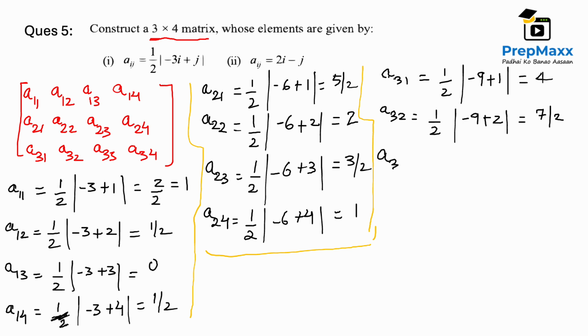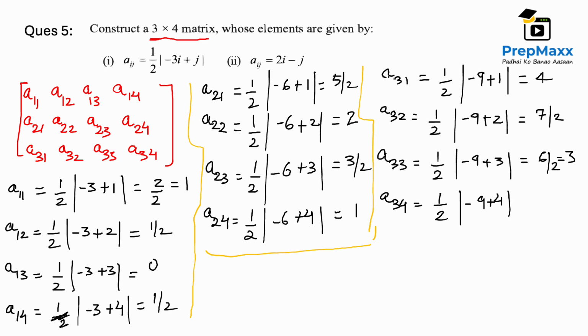Then A33 is half of mod of negative 9 plus 3, which is 6 by 2 or simply 3. And then A34, which is half of mod of negative 9 plus 4, which is just 5 by 2. So these are the elements in row 3.